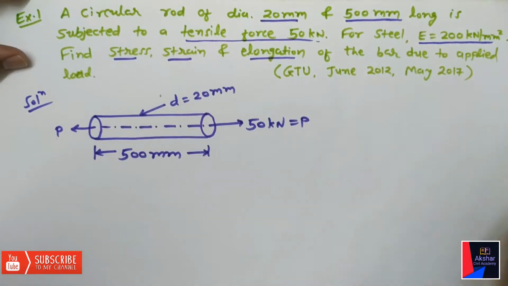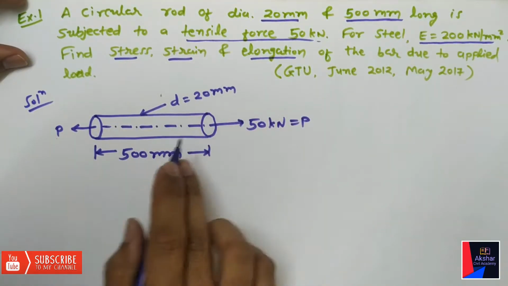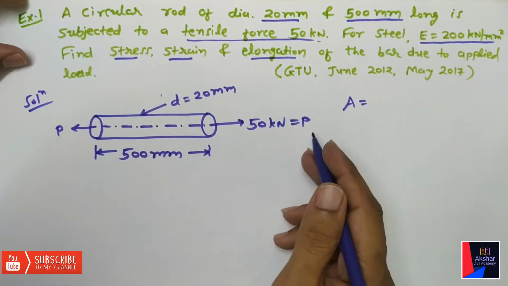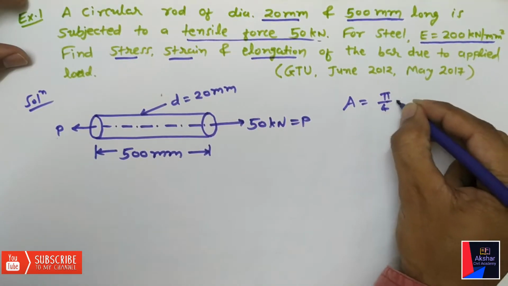Now here we can find the cross-sectional area. Cross-sectional area will be equal to pi by 4 d square.